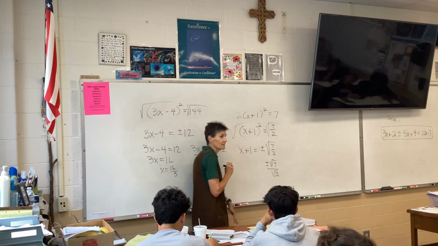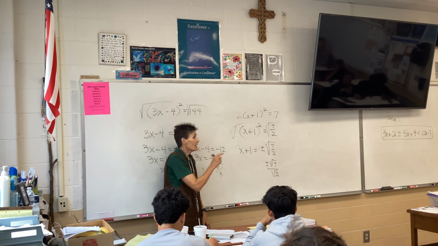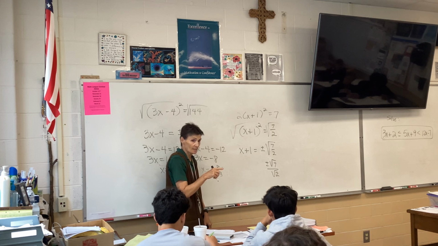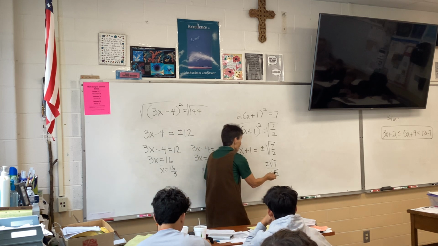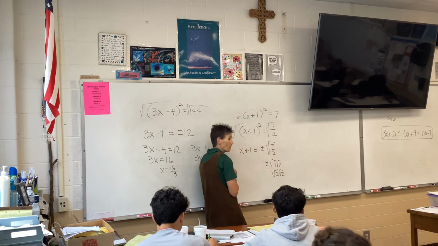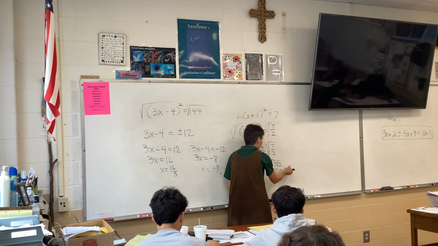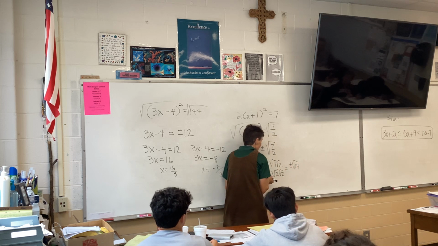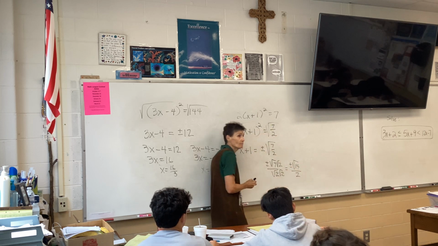Would you agree with that? And we can't have a radical in the denominator. So we'll multiply by the square root of 2. So now we have plus or minus the square root of 14 over 2.